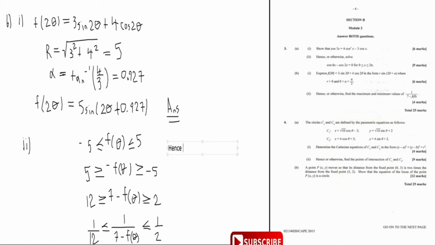Hence the maximum will be 1 over 2 and the minimum will be 1 over 12. That's the max and that's the min, and that takes care of question 3. Very easy.